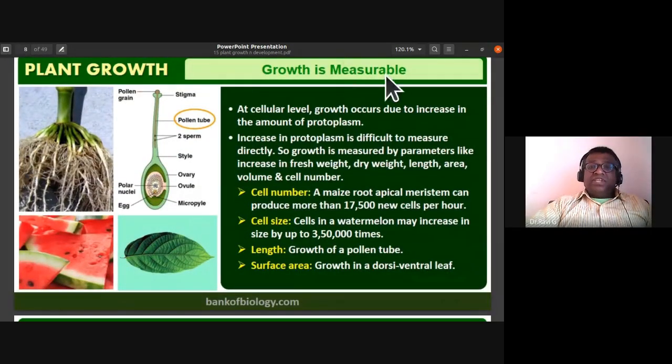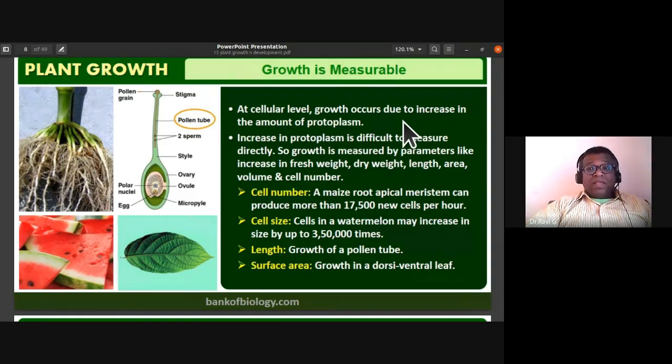Growth is measurable. That is the next concept that we are going to discuss. See, at cellular level, growth occurs due to increase in the amount of protoplasm. So you know about the cell cycle, isn't it? They are going to increase in their volume. There is synthesis of proteins, there is synthesis of DNA.